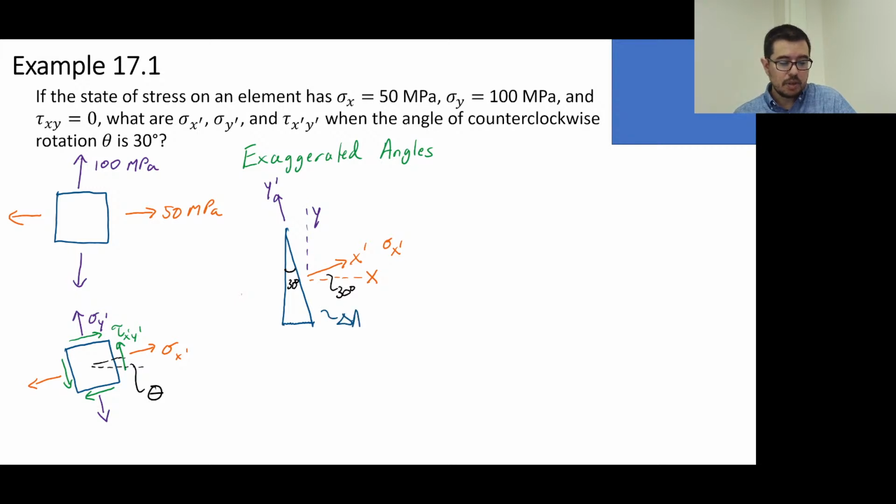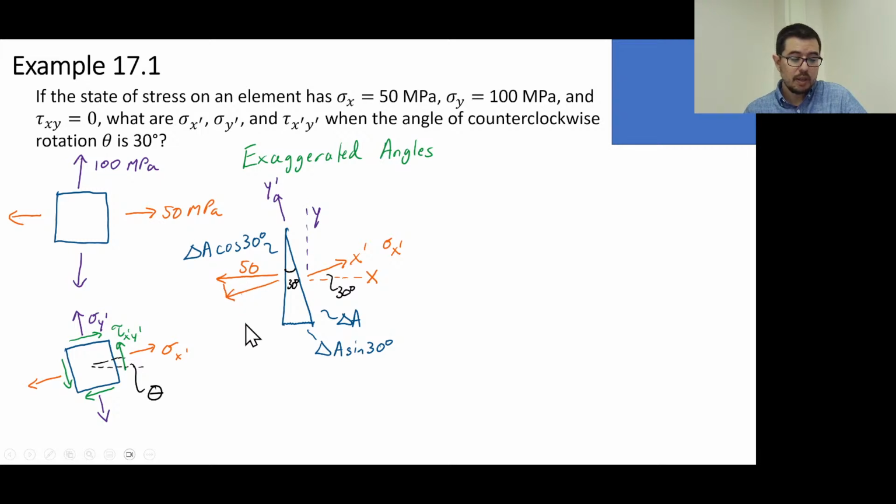Now we have our delta A over here. We have our delta A sine theta there, and our delta A cosine theta over there. We have our sigma x, which is the 50 megapascals coming out over there. We have this new vector, sigma x prime, which is aligned with x prime. We had our sigma y coming straight down, and now we draw another one in line with the y prime.